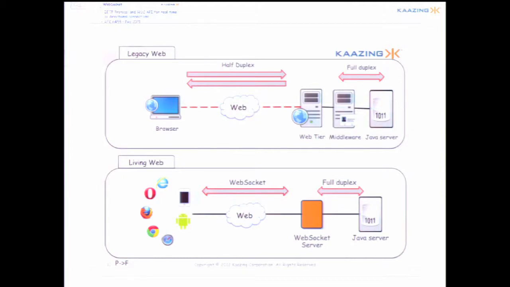So we came up with the web. One of the main inventions of the web was the web browser. The browser allowing us to render HTML documents to the user and allow the user to click around and enter URLs. So in this world of web, we have this half-duplex communication that is served up by a web server sitting up there in the web tier.